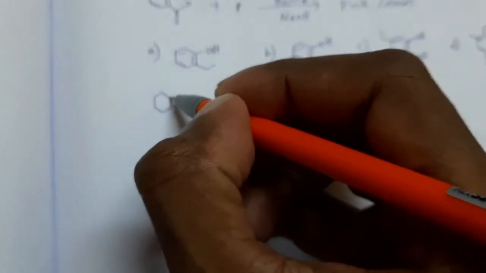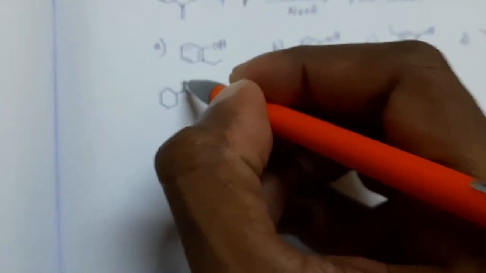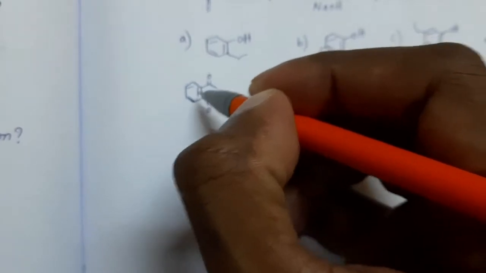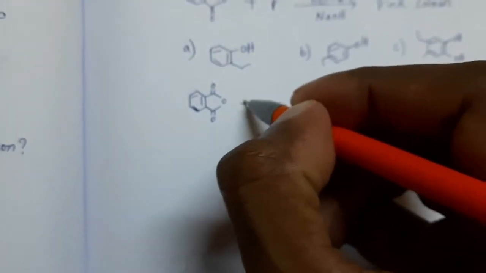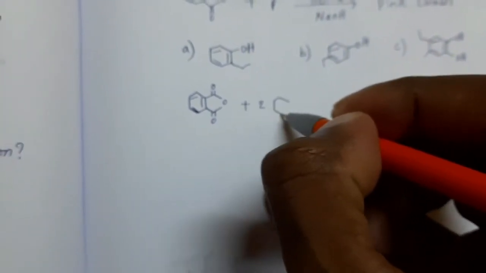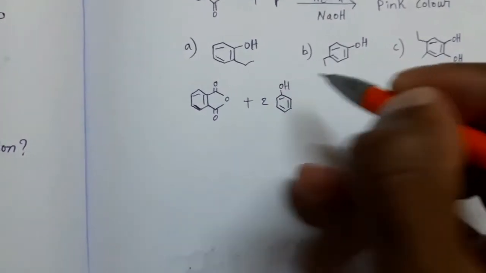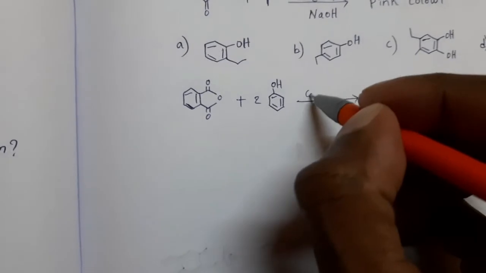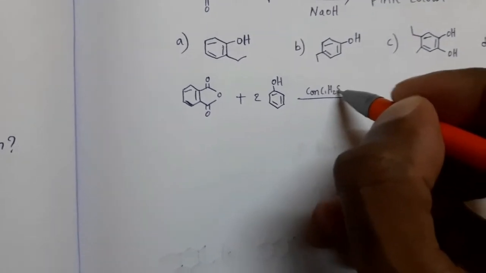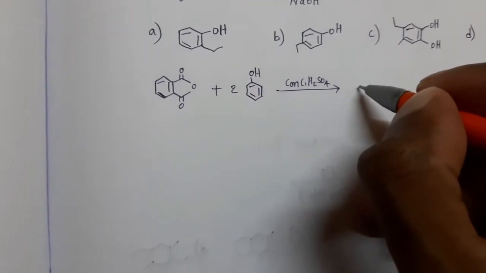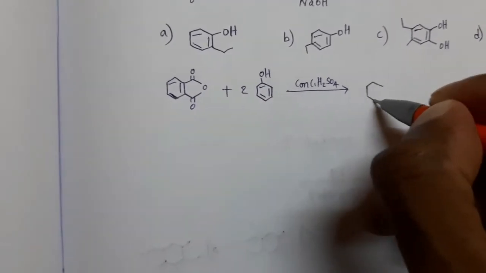In this phenolphthalein preparation, phthalic anhydride is treated with 2 moles of phenol in presence of concentrated H2SO4, then phenolphthalein is obtained by removing water molecules.